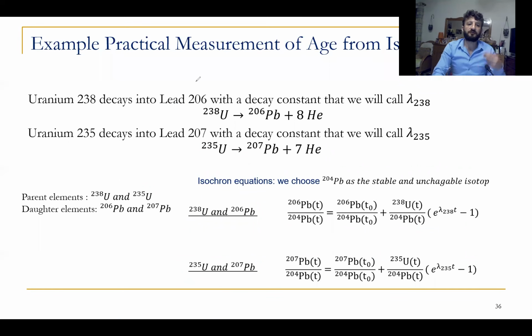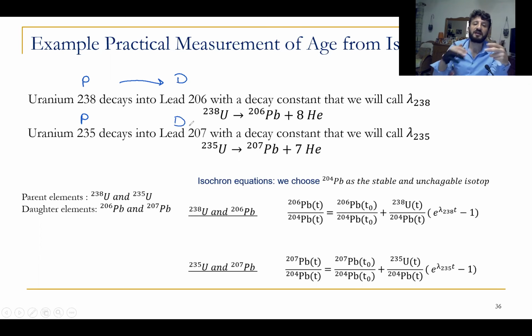Look, I give you, for example, one parent atom, uranium 238, which will decay to lead 206. So we have one parent and one daughter, okay? And we have another parent atom, uranium 235, which will decay to lead 207.